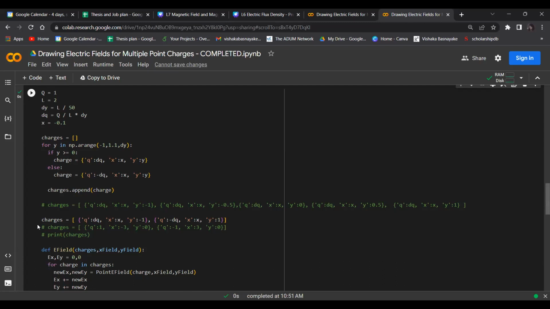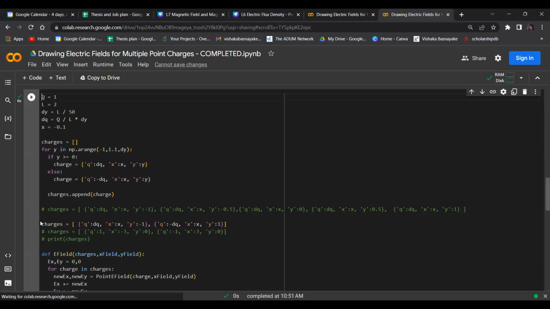In this simulation, in this list of charges, we can define the charge that we want to place and the location where we want to place it. If we place a charge dq, the dq charge I define using the parameter in here, and that can be defined by you by any method that you prefer.